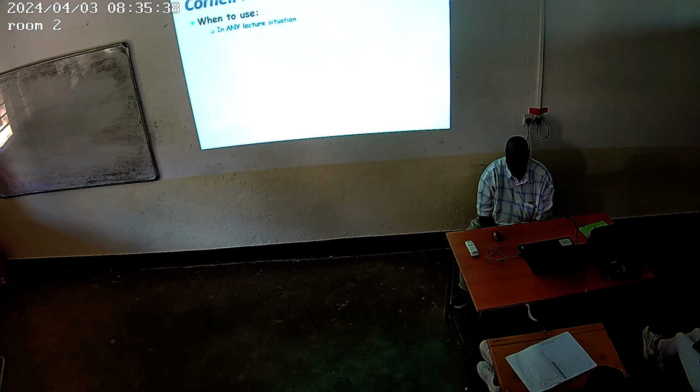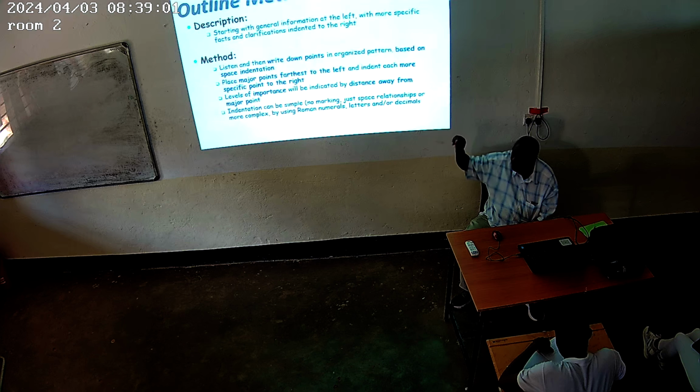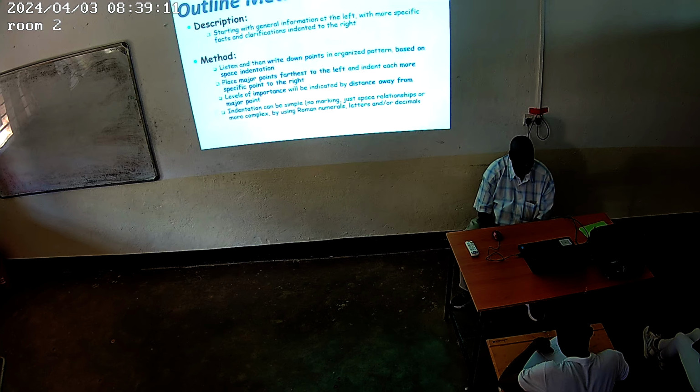You have a main point on your left, and then you leave an indentation, and then you write your sub points, and you go down with the sub points. So you place major points farthest to the left and indent each more specific point to the right.